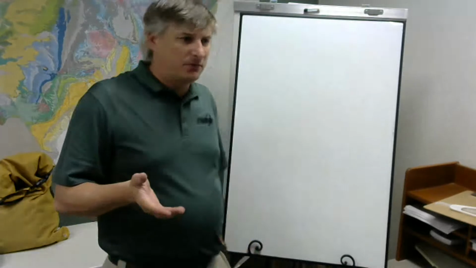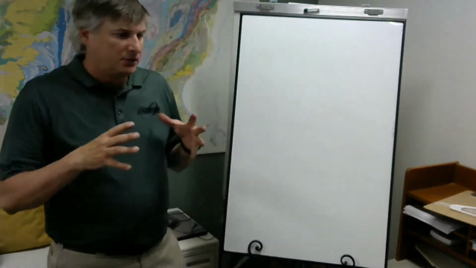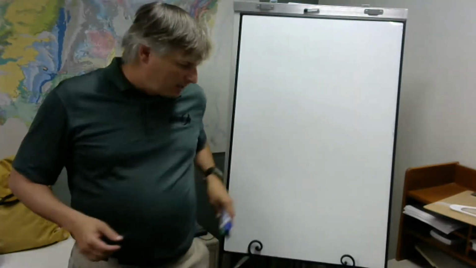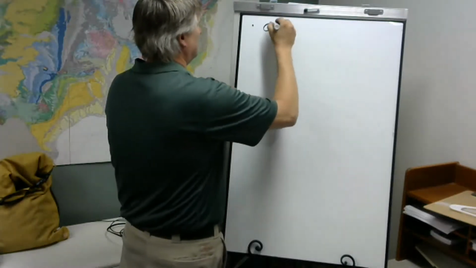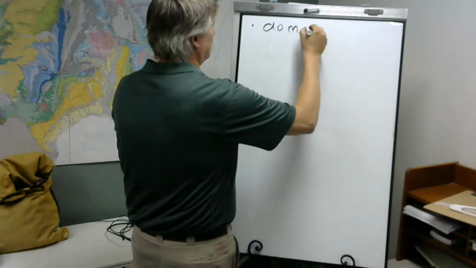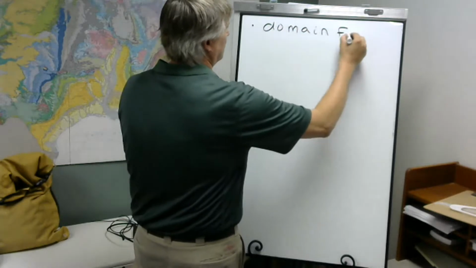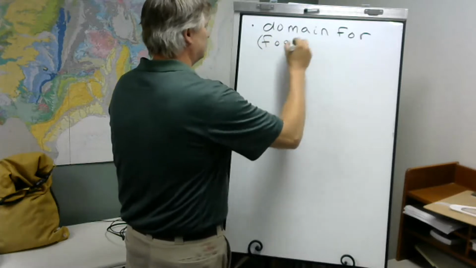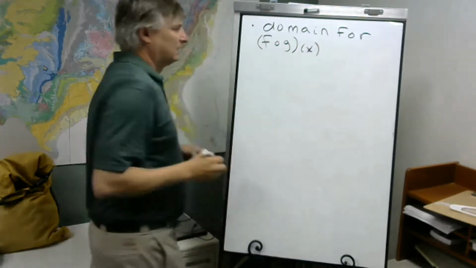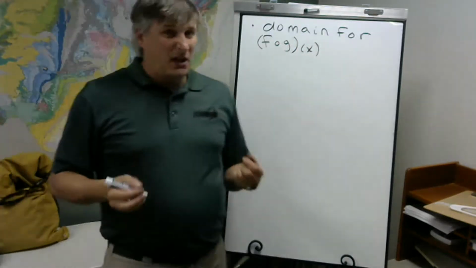So one thing that comes up when you do these combinations of functions, you'll put functions together, you'll get a function in the end, and you'll come up with a domain. One thing to keep in mind is with compositions. So this is how this works.